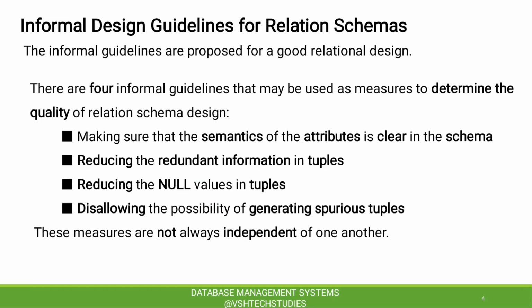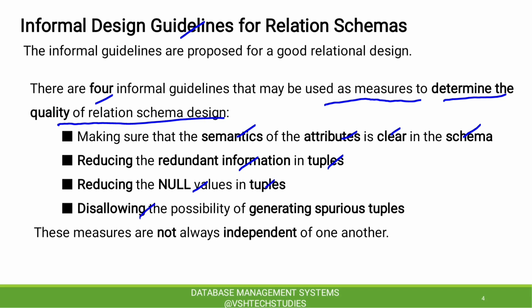Next, informal design guidelines for relation schemas. There are 4 informal guidelines which are used as measures to determine the quality of relational schema design. The first one, make sure that the semantics of the attributes is clear in the schema. Second, reducing the redundant information in tuples. Third, reducing the null values in tuples.